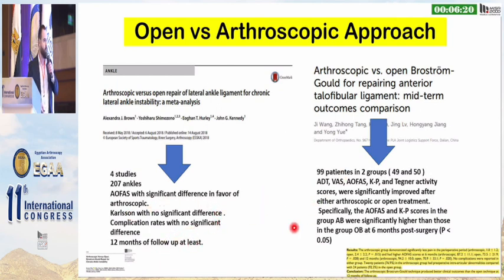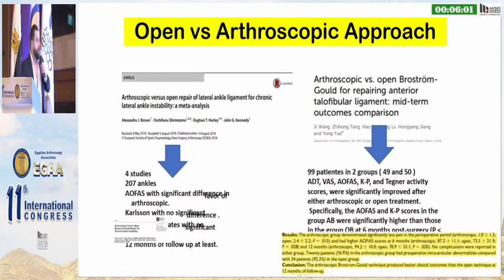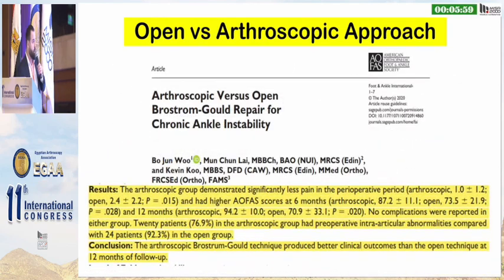This other one, we have several scores, and specifically the AOFAS and Karlsson scores in the arthro-Brostrom group were significantly higher than the open group at 6 months post-surgery. And this other study shows a better AOFAS score at 6 months and 12 months when compared with the open procedure.